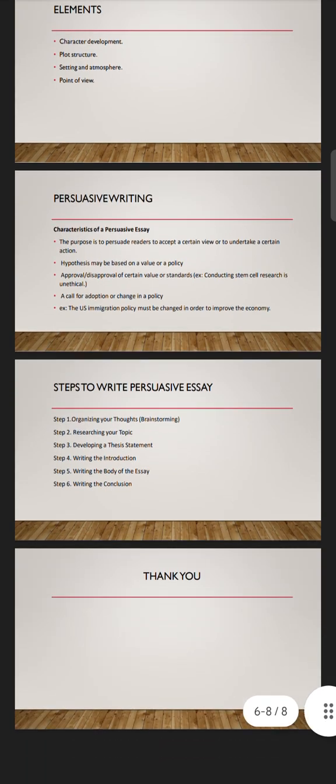And then the next thing is persuasive writing. Persuasive comes basically from the word persuade, which means to attract someone, that is, you need to attract a person who has already set their mind on a particular context. For that, we need to put in a lot of effort.